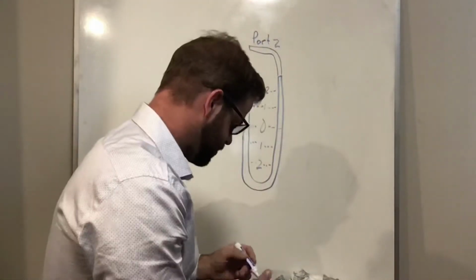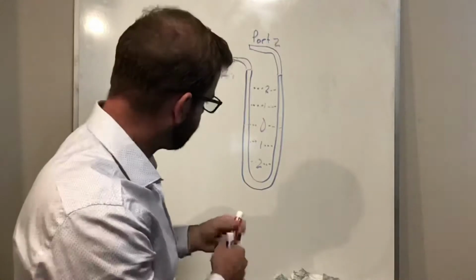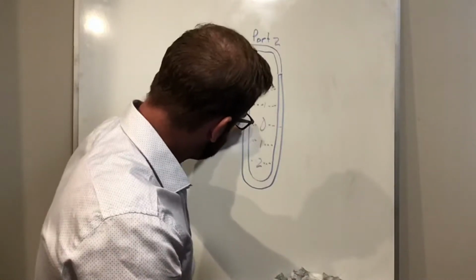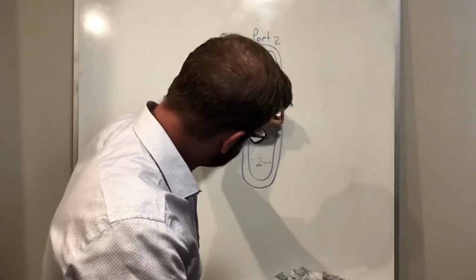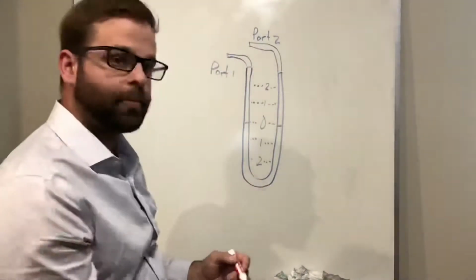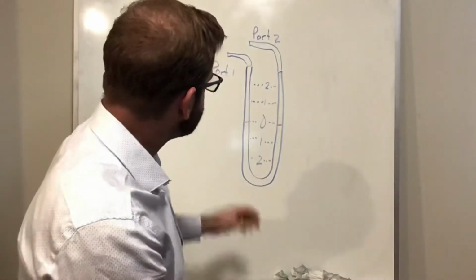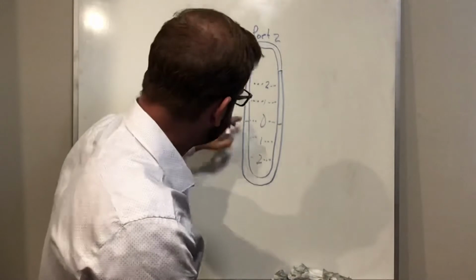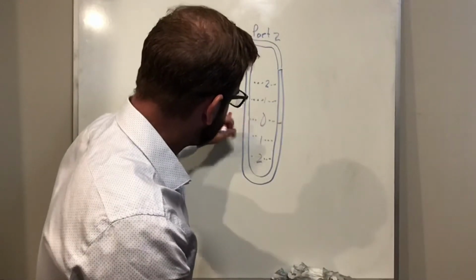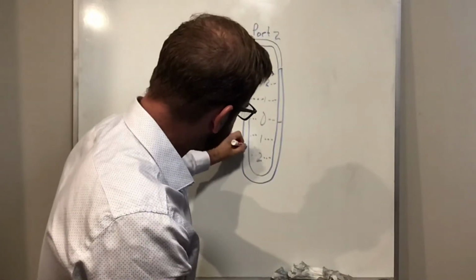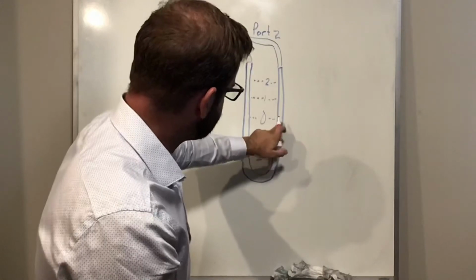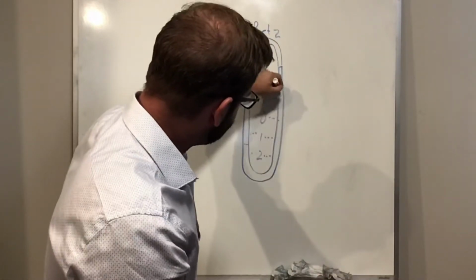Let's make this in a different color. Just imagine the red is the fluid that's inside, and we apply pressure to port number 1, and we end up getting 1.5 on one side and 1.5 on the other side.